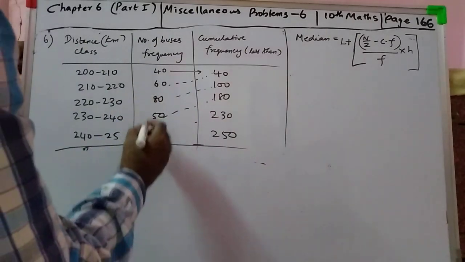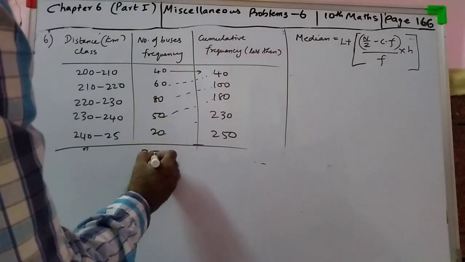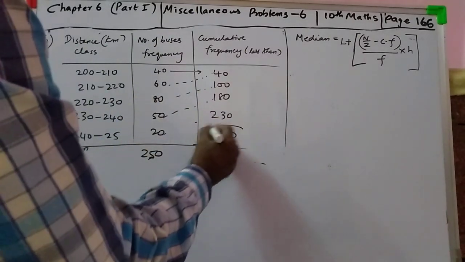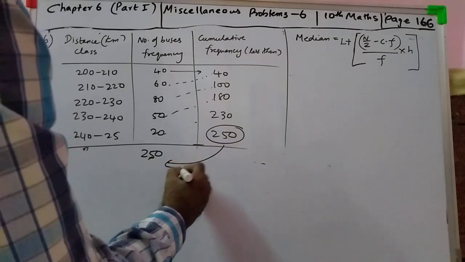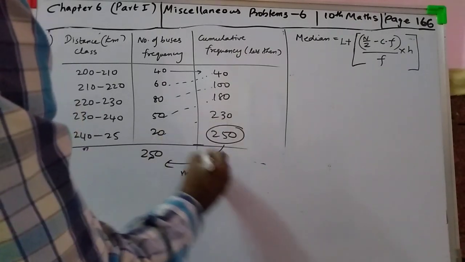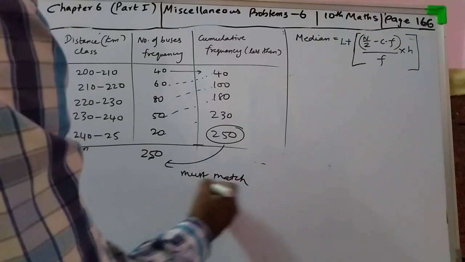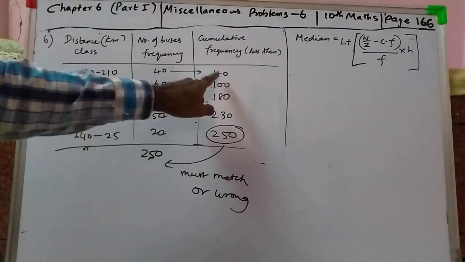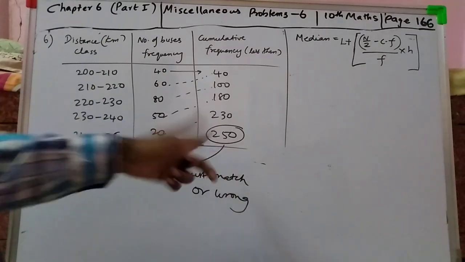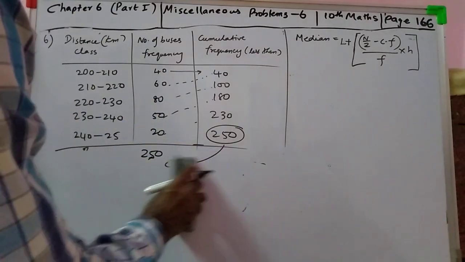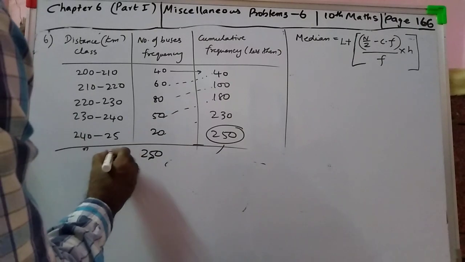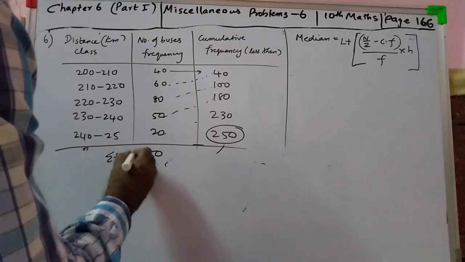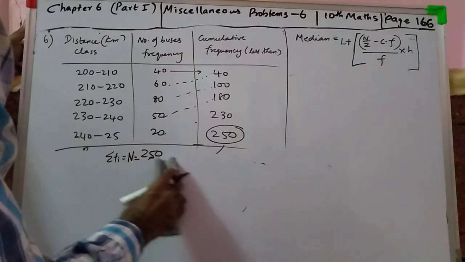Add it, it will come to 250. It must match, or it is wrong. You should get 250 here. So this is nothing but summation of fi is equal to n, which is 250.